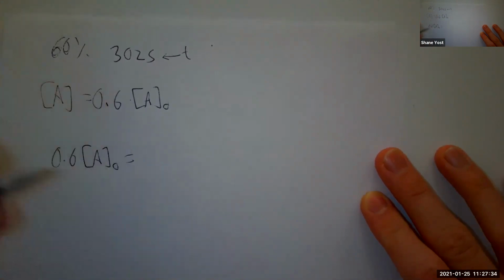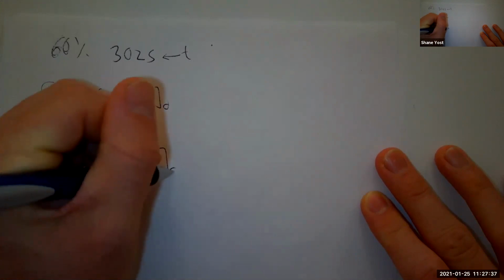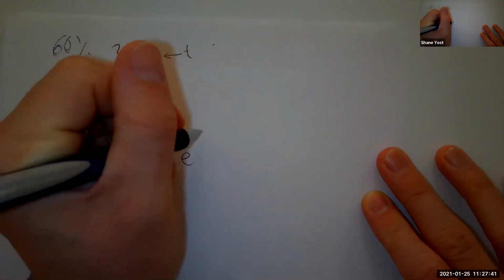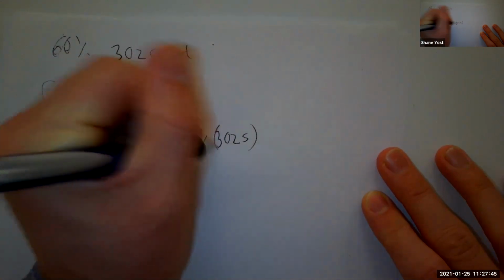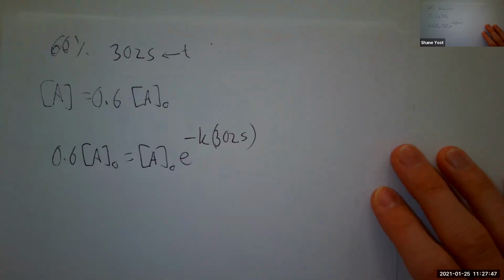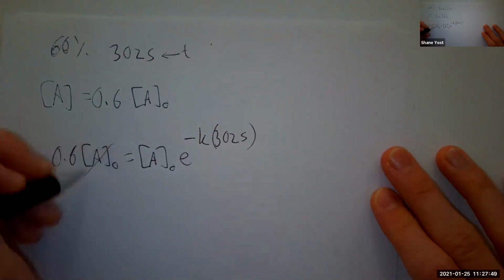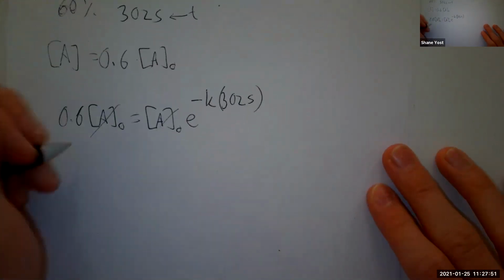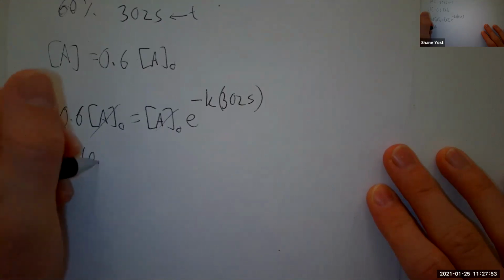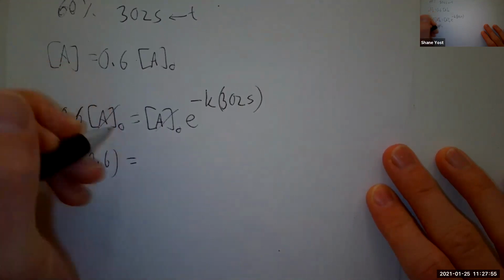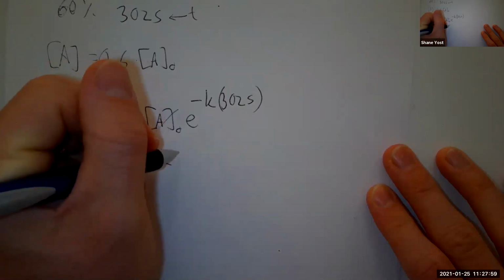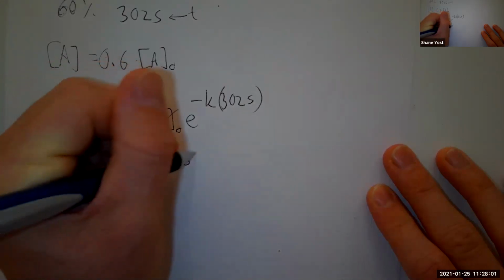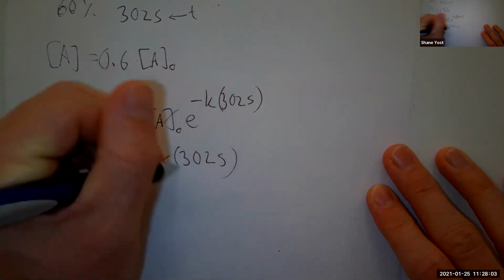So that's saying that 0.6 A naught equals A naught times e to the minus k times 3025. So those cancel, right? So I get the natural log of 0.6 equals negative k times 3025.